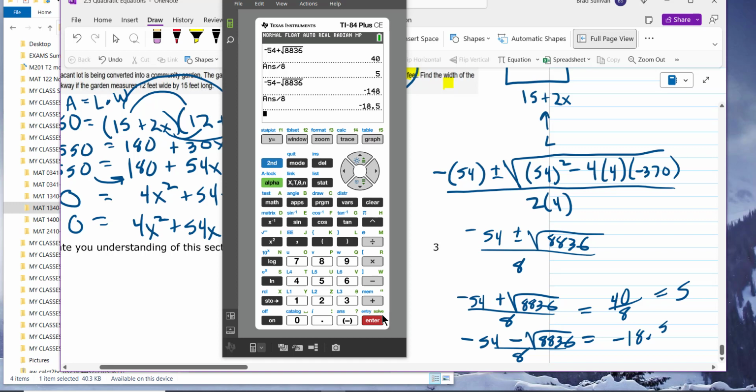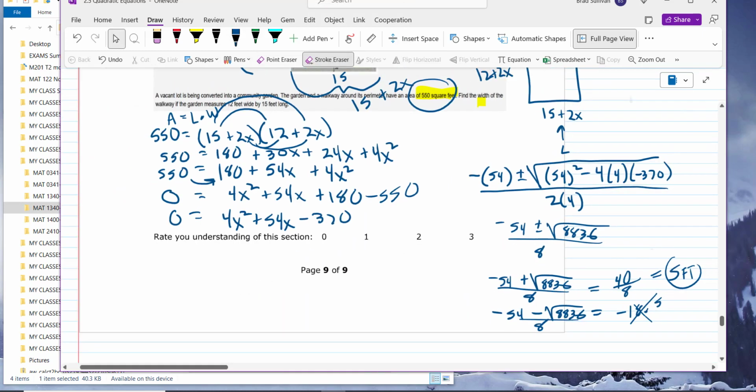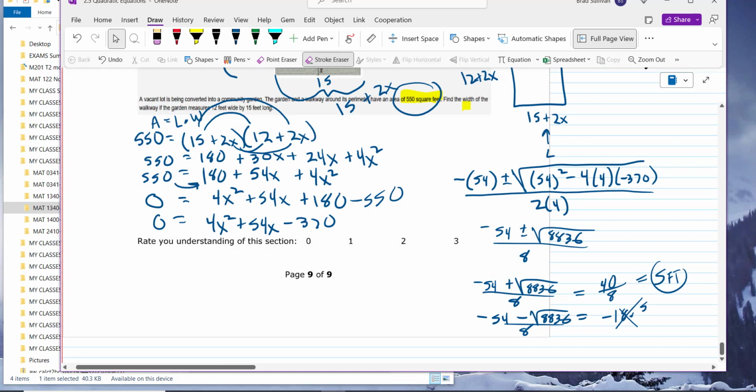So remember, what is x? X is the walkway. Your walkway can't be negative, right? So that one makes no sense. So the answer of the problem would be the 5 feet. It would have to be. So these are essentially just a couple of little applications of quadratic functions and equations. That's what that basically is.